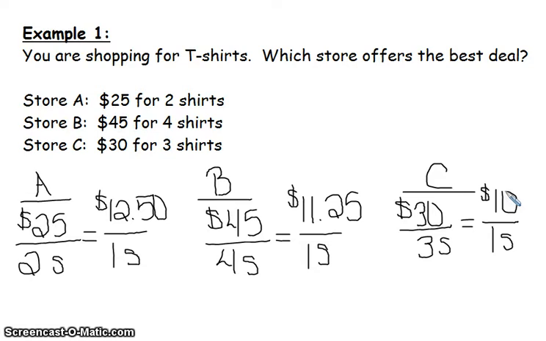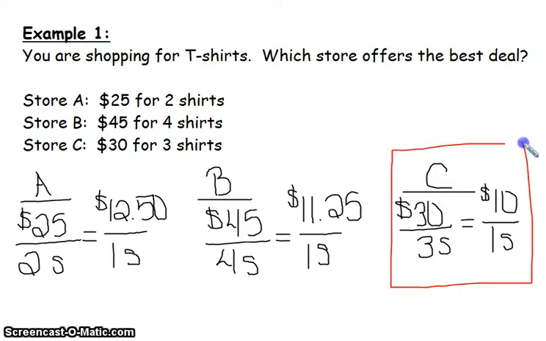So based on these ratios, which store has the best deal? Well, the store with the best deal is obviously going to be store C. For only $10 I can get 1 shirt, whereas with the other 2 stores I'm going to be paying more.